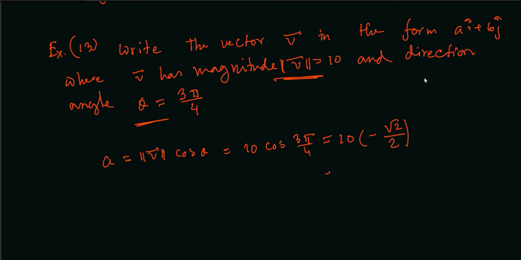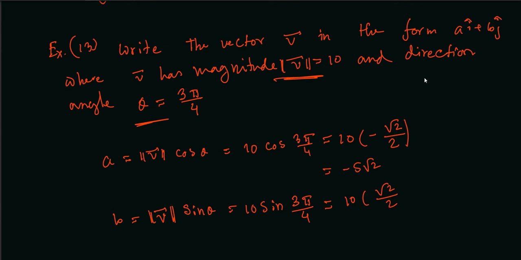So a should be equal to negative 5 square root 2. b equals the magnitude of vector v times sine of theta, 10 sine 3 pi over 4, which is positive root 2 over 2, and we get positive 5 root 2.